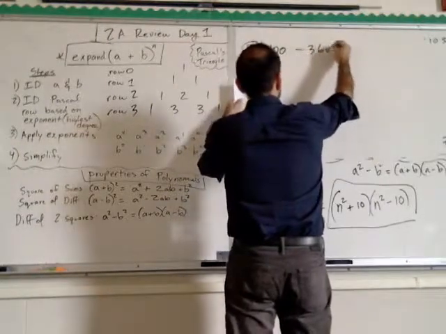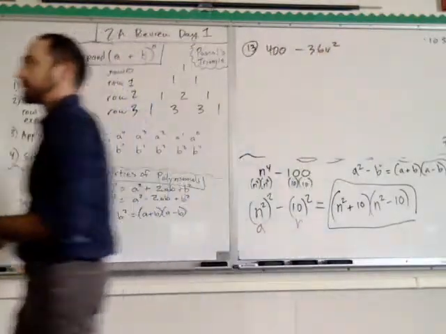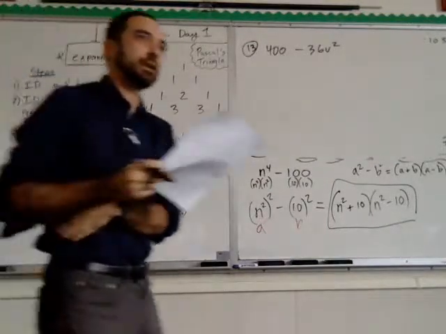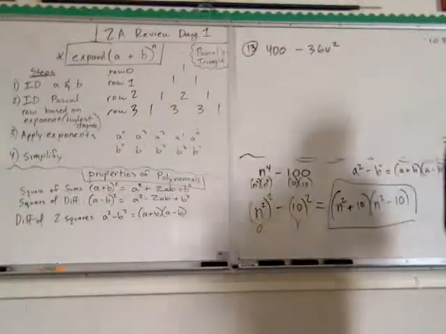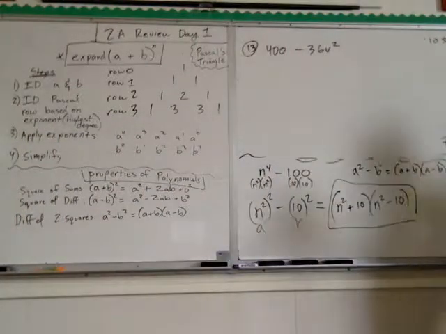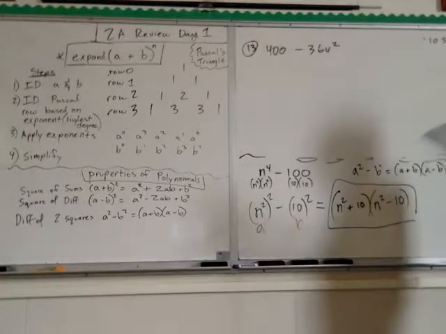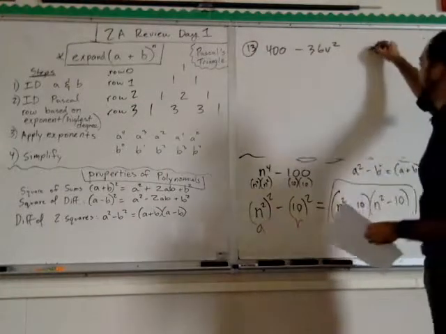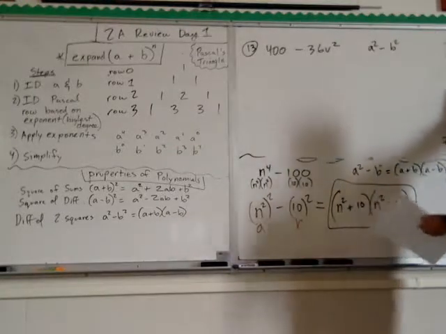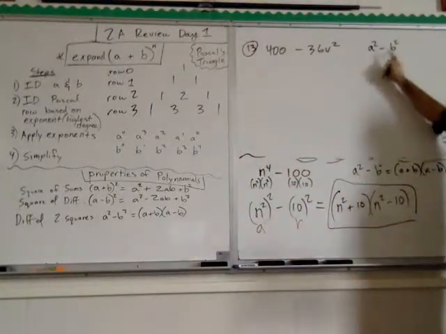Minus 36 squared. All right. So again, which one of these does this look like? Look at your identities, or your properties there. Difference of 2 squares again. We know we're going to try to force it to be in this configuration, a squared minus b squared, the difference of 2 squares.